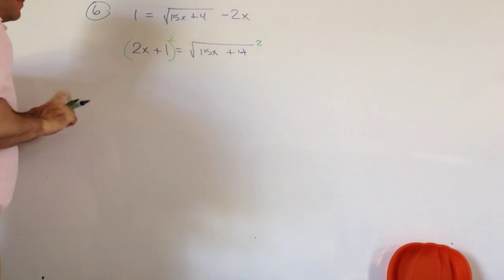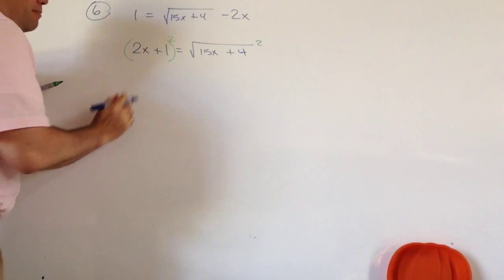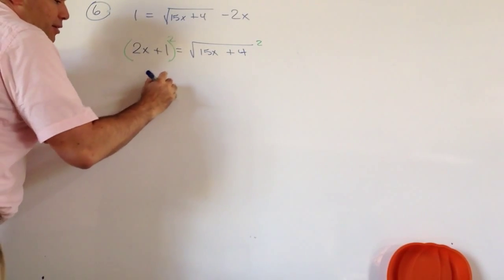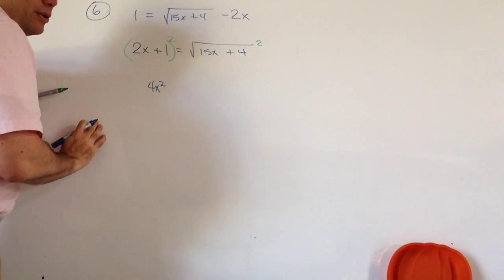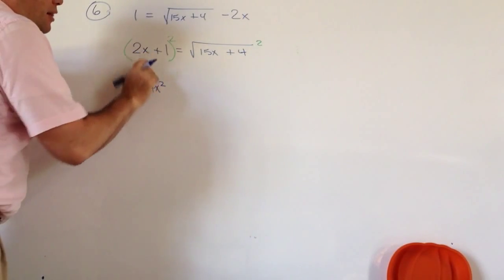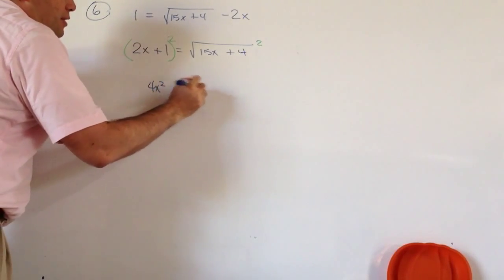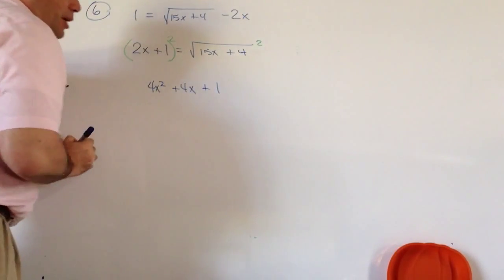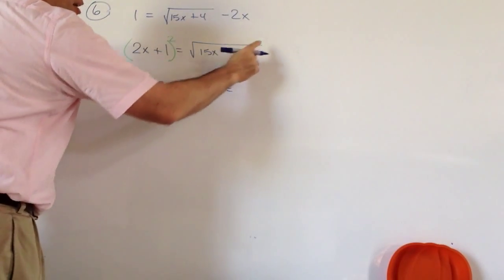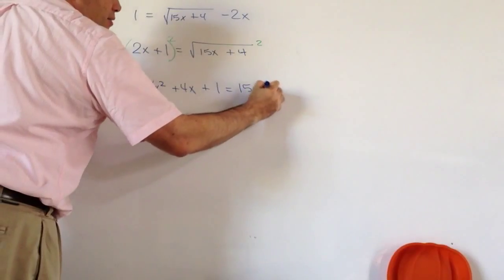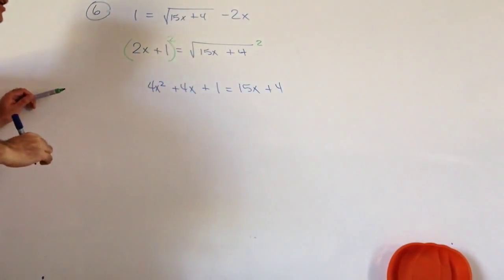So here we get the first one squared, that is 4x squared. And you can do this by foiling. Then the first term times the second term times 2, so that's 4x. And 1 squared, which is 1. And here the square cancels the root, so we have 15x plus 4.